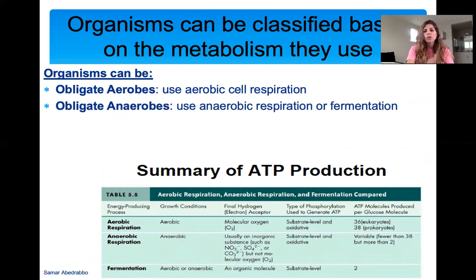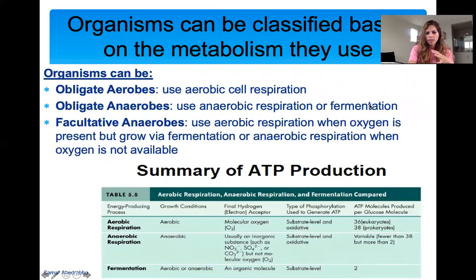Obligate anaerobes use anaerobic respiration or fermentation. So they will either do anaerobic respiration if an inorganic molecule is present, or fermentation. If they had a choice between the 2, they would do anaerobic respiration if an inorganic molecule is present, because it will always produce more than fermentation.